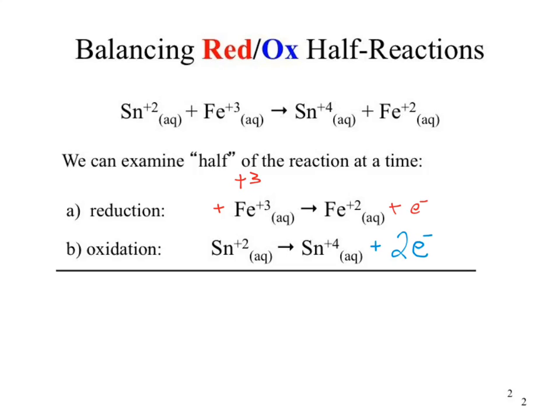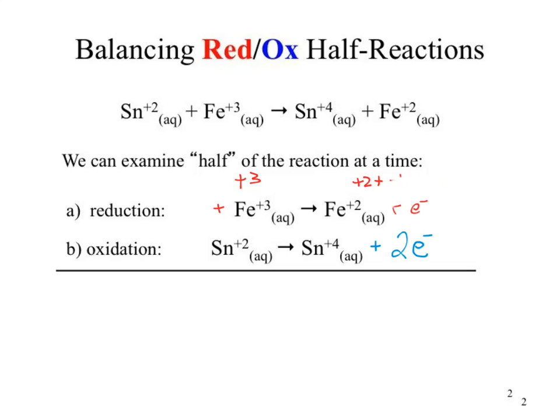Why did I write +1? I asked for the charge on the product side. How much does iron contribute? +2. How much does the electron contribute? -1. We want our overall charge. The overall charge must balance on both sides. What you looked at was just the iron atom. I asked for the whole product side.